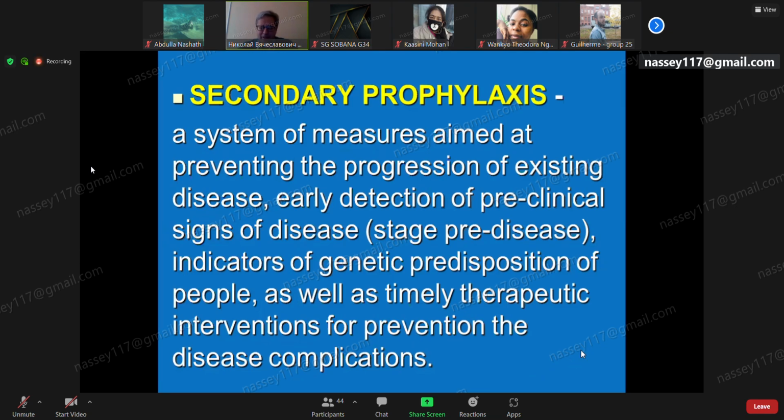As an example, I have explained to you now what prevention of disease complication means.